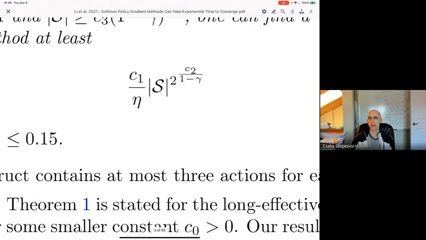So it's super exponential. Well, okay, you could just say it's exponential.